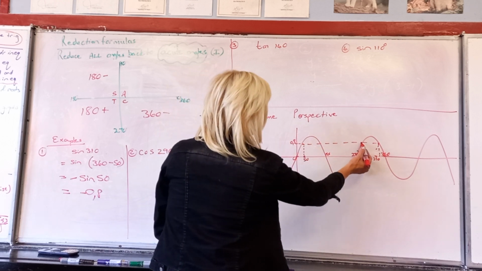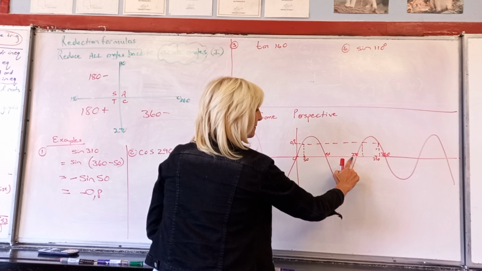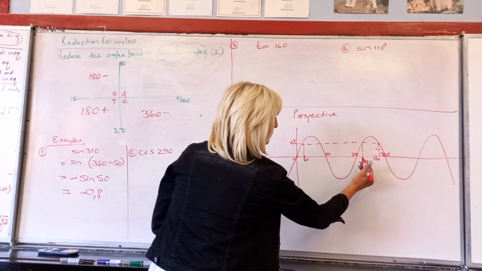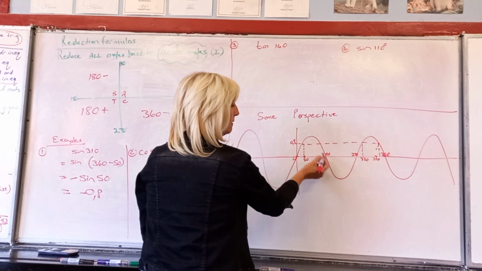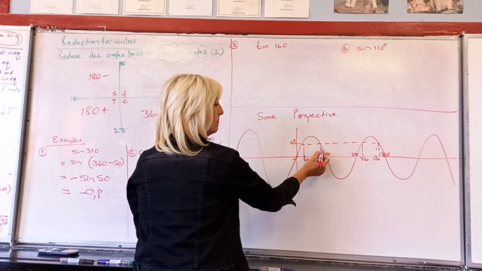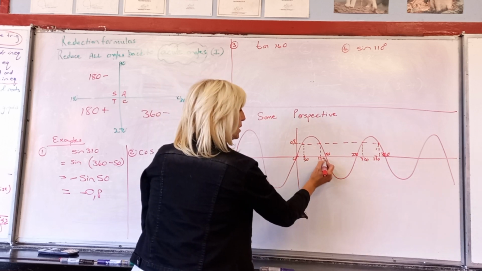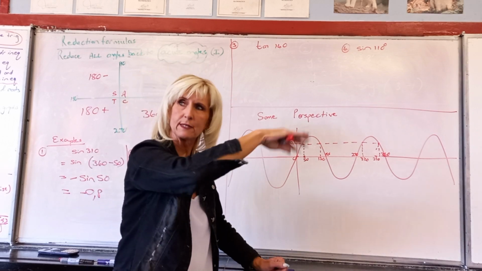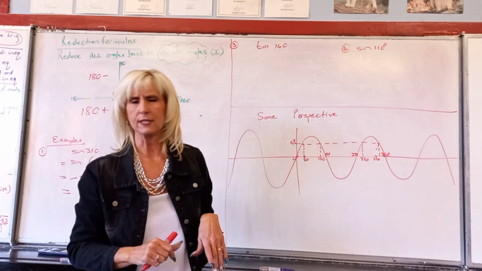Where's that, do you think? 320. Because this is 50 degrees, this is 50 degrees, so that should be 320, right? And this should be 180 minus 50, which will give you. So all of those answers will be the same, because there's a pattern going on here. All of them, but what about the negativity of it?